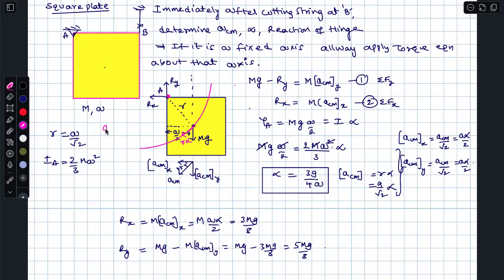So clearly ACM is equal to R alpha because it is a fixed axis. R you already know: a by root 2, because the diagonal is root 2 a, half of that is a by root 2. That's all. Now I know ACMX and ACMY, because it makes an angle of 45 degrees with the horizontal, and thereby I have determined everything.